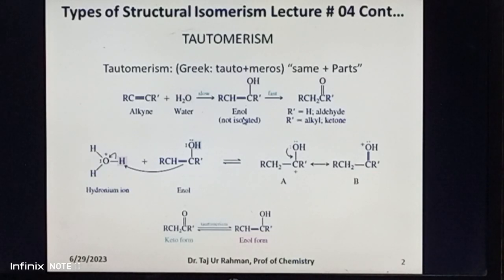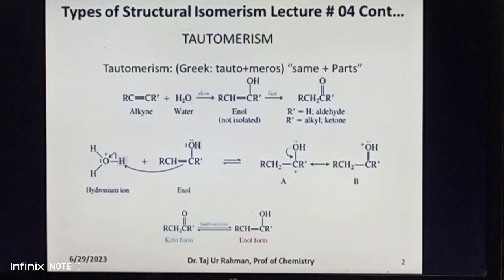The enol possesses an important property of rapid isomerization to an aldehyde or ketone under the conditions of its formation. The aldehyde or ketone is called the keto form, and the keto-enol equilibration is called enolization, or keto-enol isomerization, or simply keto-enol tautomerization.